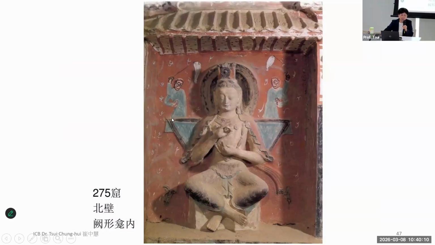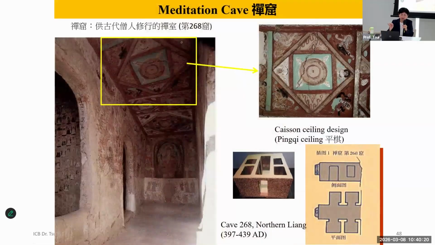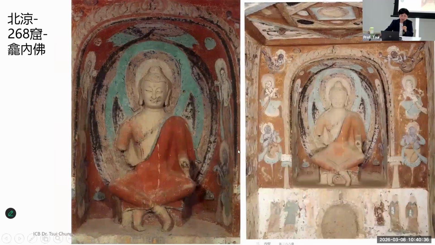And this format of the chair also originated from Central Asia. So there are several cultural elements derived from the Persian or Greco-Roman artistic motif. And also on the ceiling, we have the square pattern, and we have the main image of the Buddha.